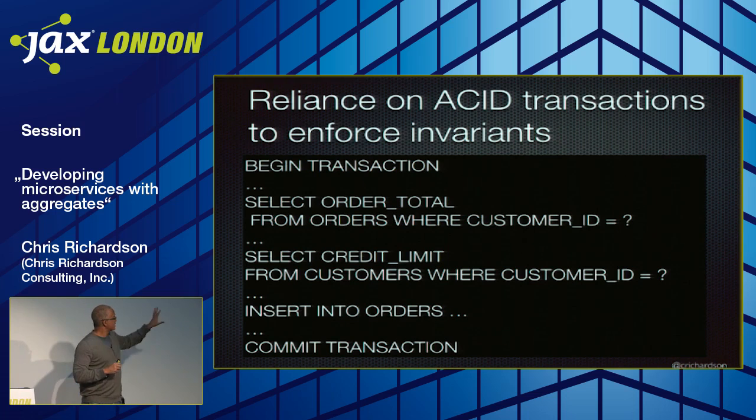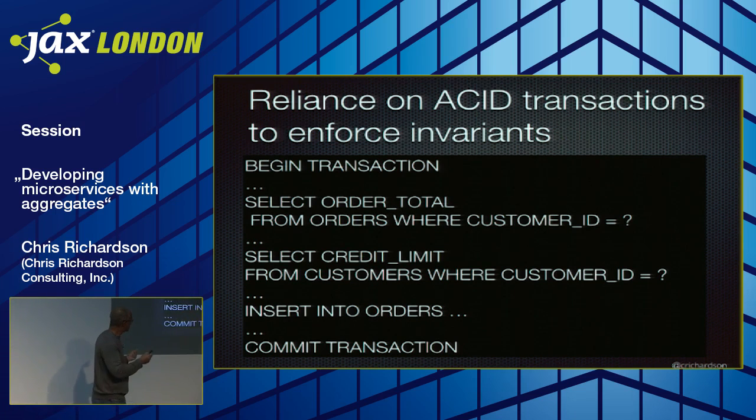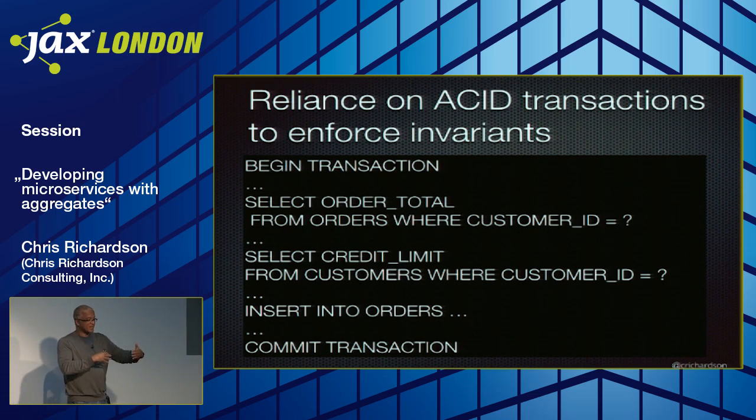You do that with a really simple transaction that selects from the customer, selects the existing orders, makes sure that there's available credit, and then inserts a new order. This works really well, even if there are multiple simultaneous attempts to create orders for the same customer. The properties of ACID transactions guarantee basic serializability, and this business rule will be enforced.